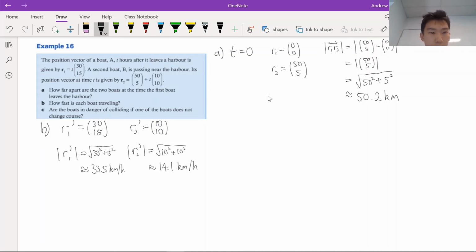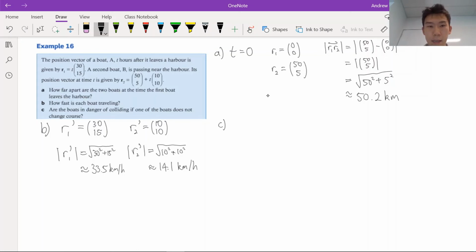C. Are the boats in danger of colliding if one of the boats does not change course? Okay, so we have to use what we've just learned about whether two vectors are going to intersect using the vector equations. So let's set it up this way.